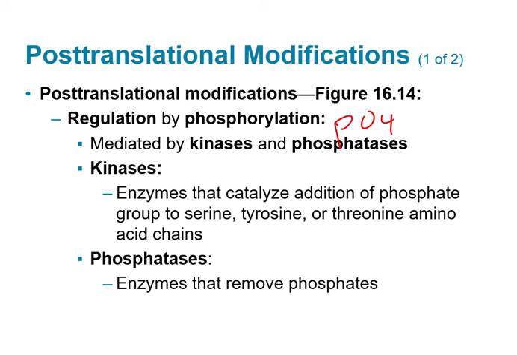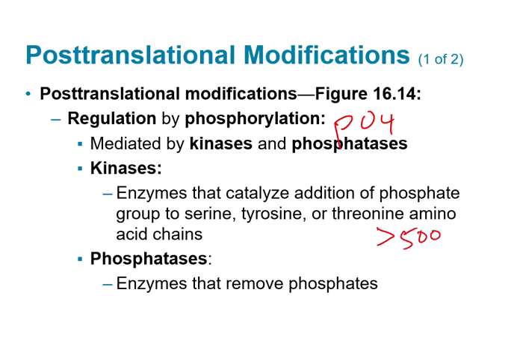Kinases are those enzymes that phosphorylate proteins, and phosphatases are to remove those, to reverse the addition of phosphate groups to the proteins. And there are so many genes in case of humans that are responsible for that. In case of kinases, there are more than 500 genes in humans.